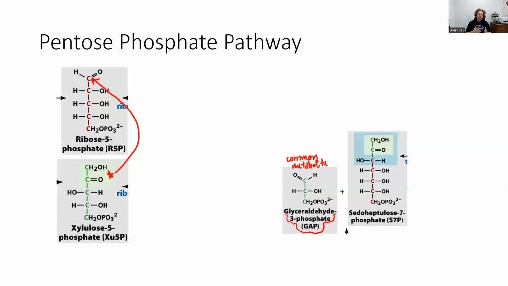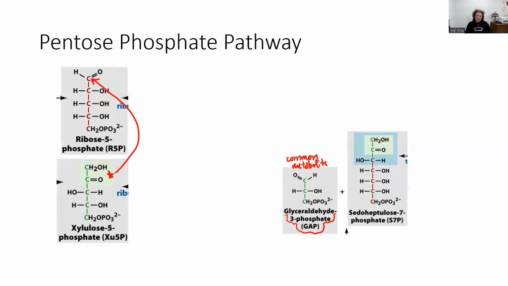So I always think about the pentose phosphate pathway as a pathway that serves its own role, generates NADPH, generates ribose 5-phosphate, but also is a means of sequestering away carbons from glycolysis. And we see another illustration of that with this common metabolite of glyceraldehyde 3-phosphate.